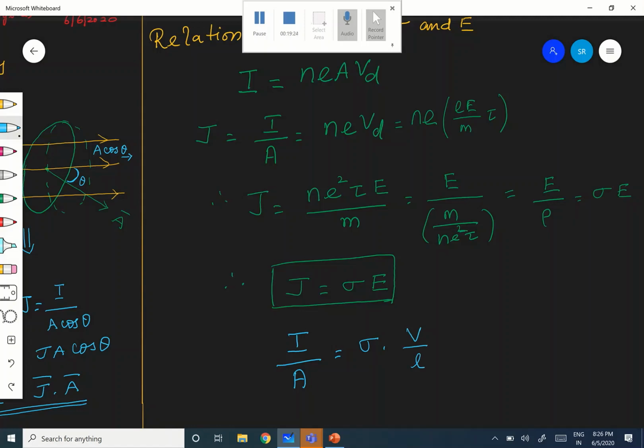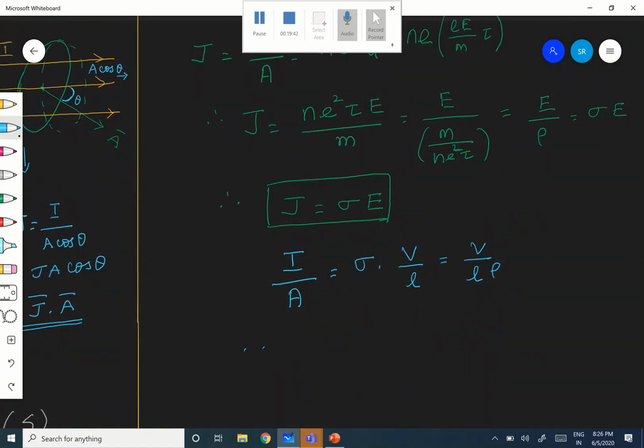Are you following? That is nothing but V by L into sigma, and in terms of resistivity, sigma is 1 by rho. Therefore, from this, V by I is equal to rho into L by A.